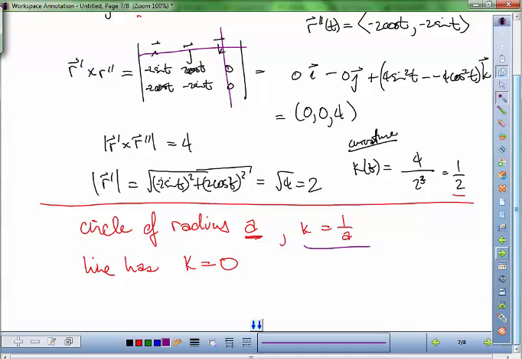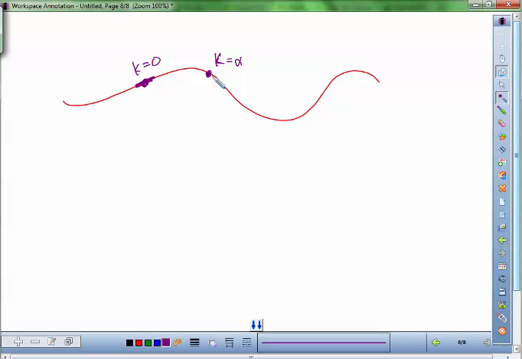Well, it turns out that if you were to draw a circle tangent to that curve, the best circle that fits, tangent to the curve, will have radius 1 over alpha.